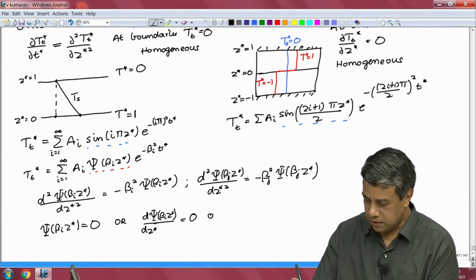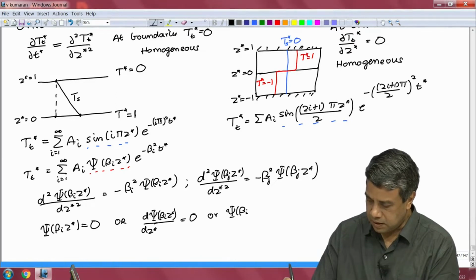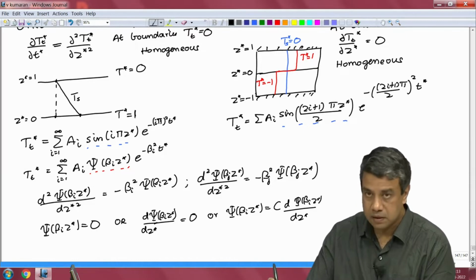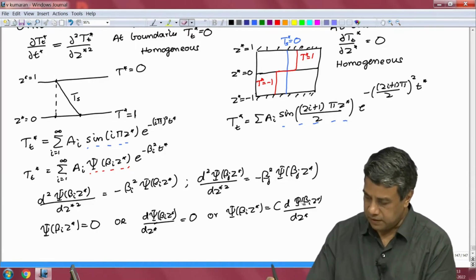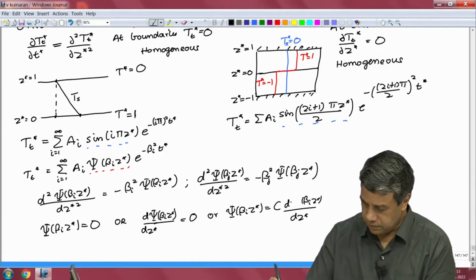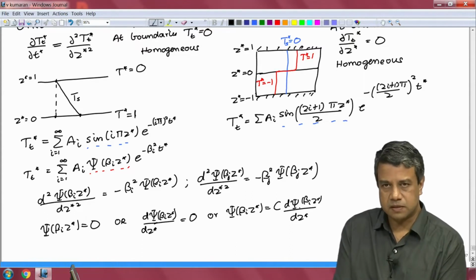Or you could even have something of the form psi of beta i z is equal to some constant times d psi of beta i z by dz. You could even have it in this mixed form. These are all homogeneous boundary conditions.